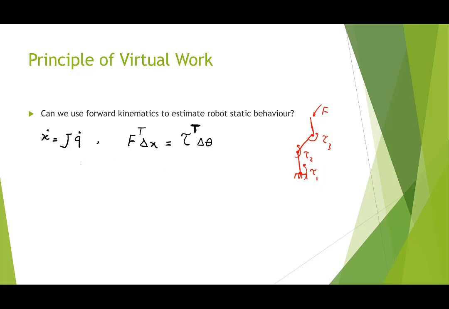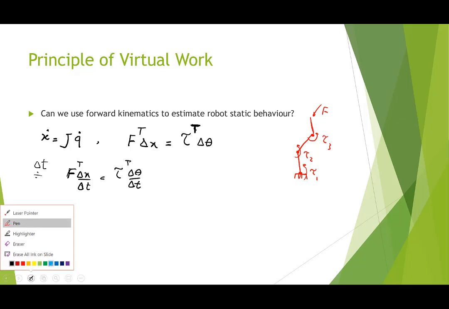Now consider the work equation and I divide it by time. What would I get? It's good to keep track of the dimensions of these vectors and matrices as well.